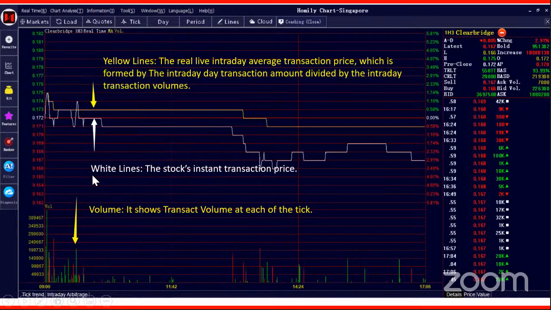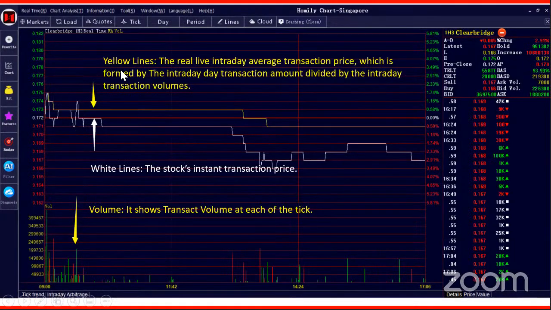So the white line is the stock's instant transaction price. The white line is the stock's every minute, every second actual transaction price. So it connects together from the white line.